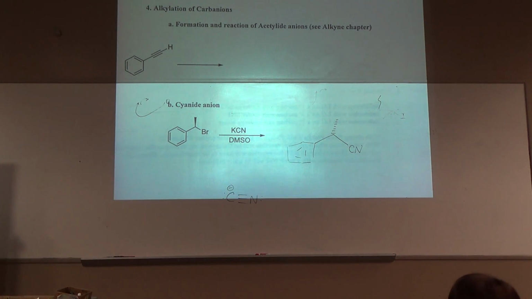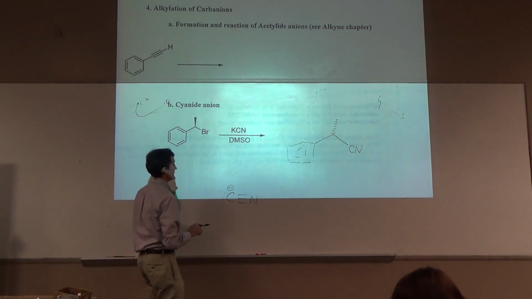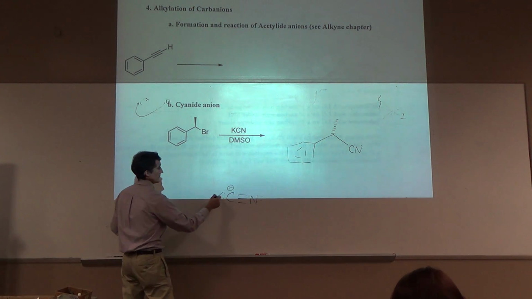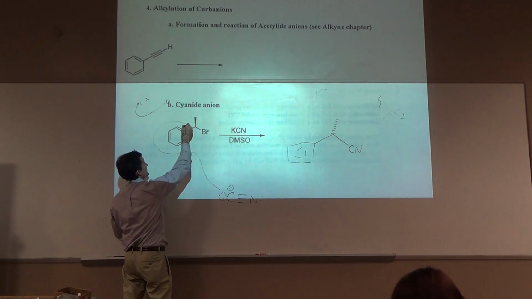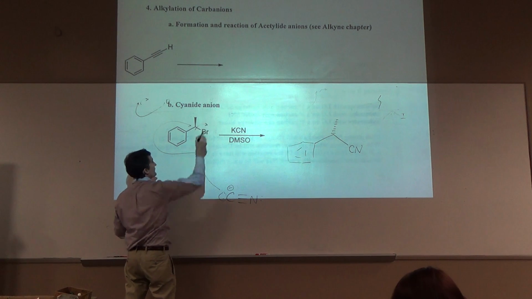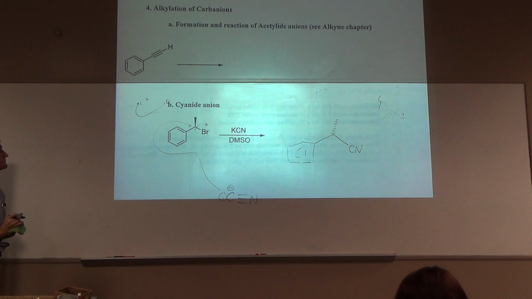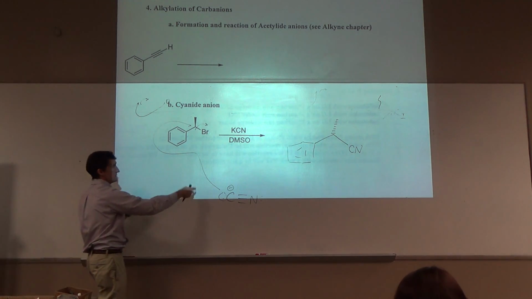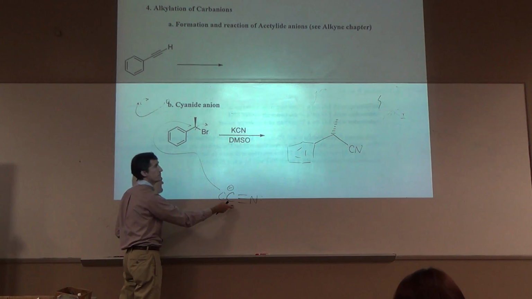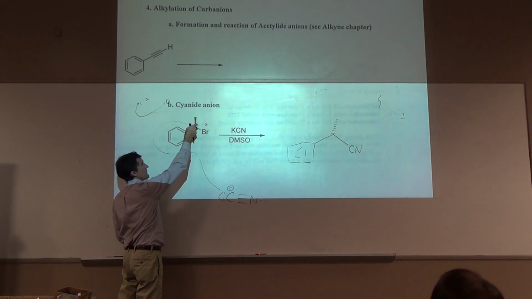That product there. These electrons take the carbon, kick off the bromine. Well, let's look at it. This is SN2 because we got a good nucleophile. How do we attack? The bromine is that way.